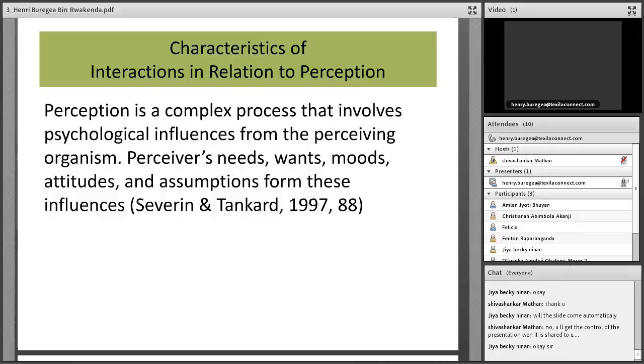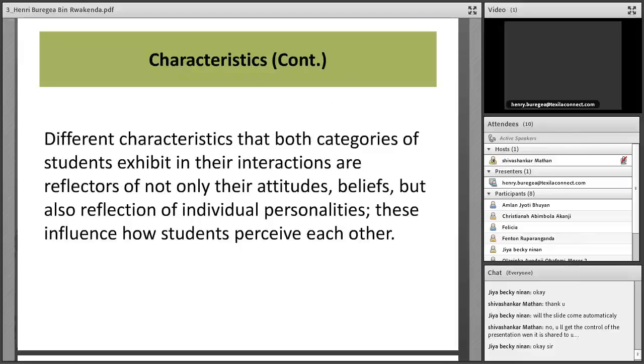Perceivers' needs, wants, moods, attitudes, and also assumptions form these influences, as Severin and Tankard pointed out in 1997 in their book. The different characteristics that both categories of students exhibit in their interactions reflect not only their attitudes and beliefs, but also individual personalities. And this influences how students perceive each other.